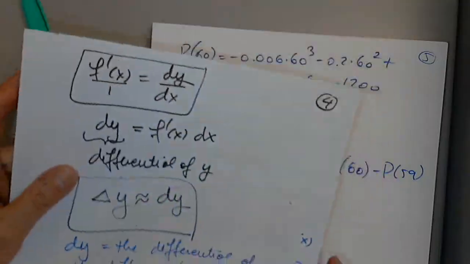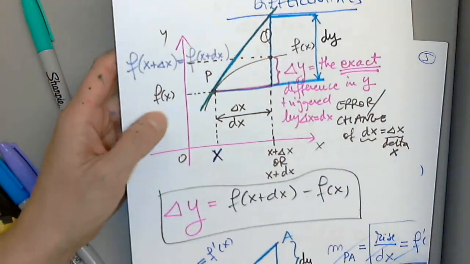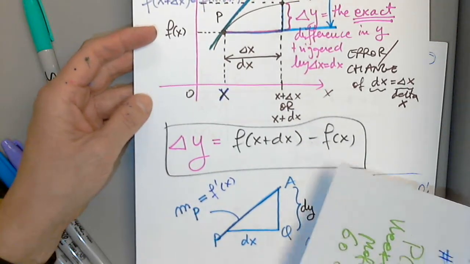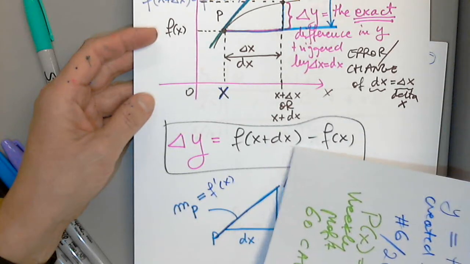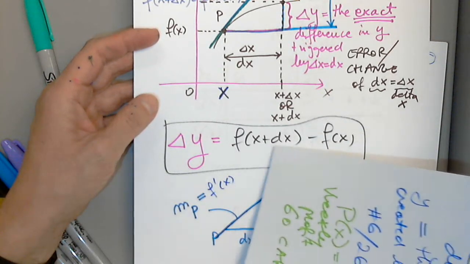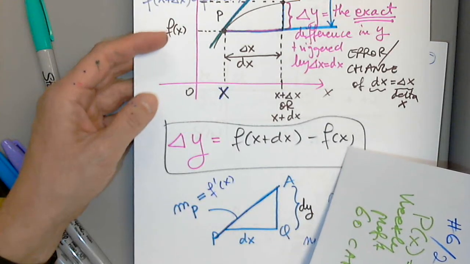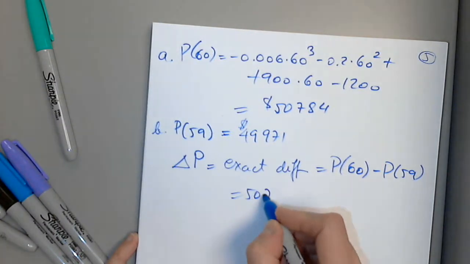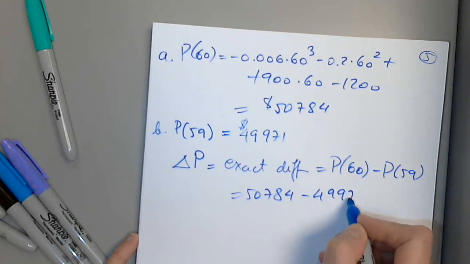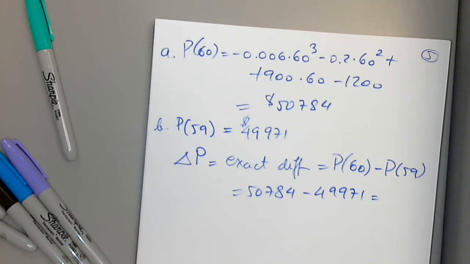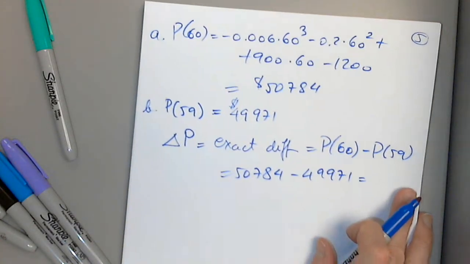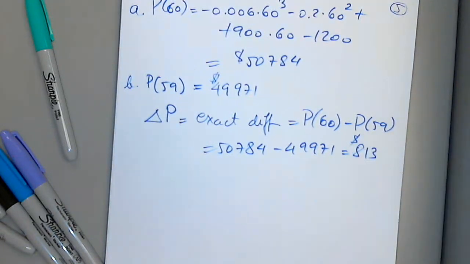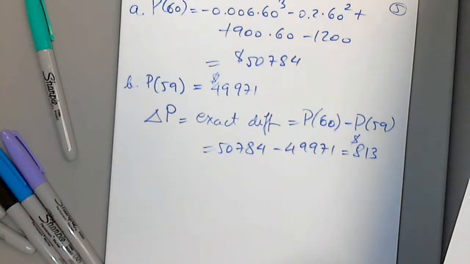From our graph, I will go back several times, it's this, where this is 59 plus 1 and this is 59. So P of 60 minus P of 59, and we got 50,784 minus 49,971, and the difference will be 813. Okay, very good. Perfect.